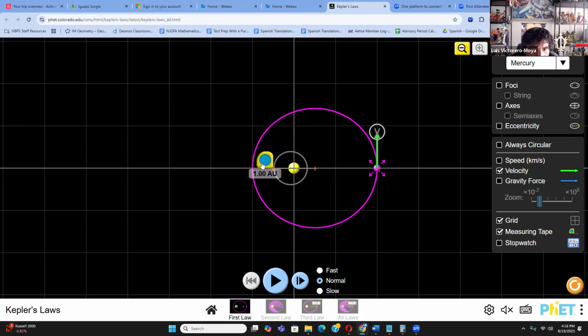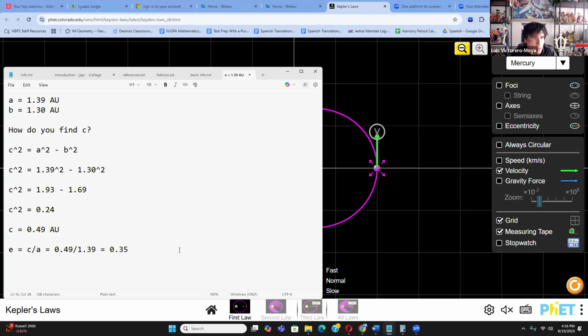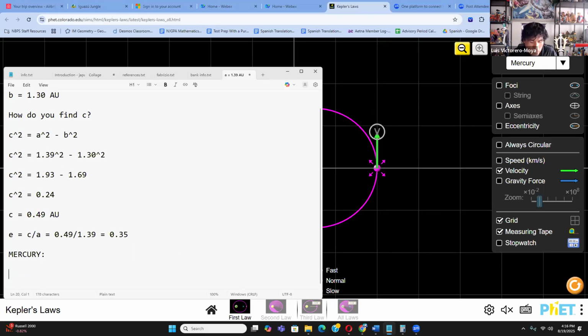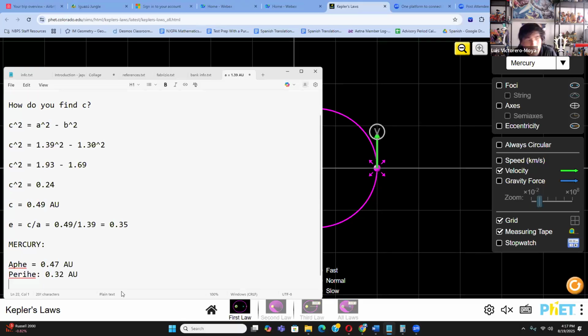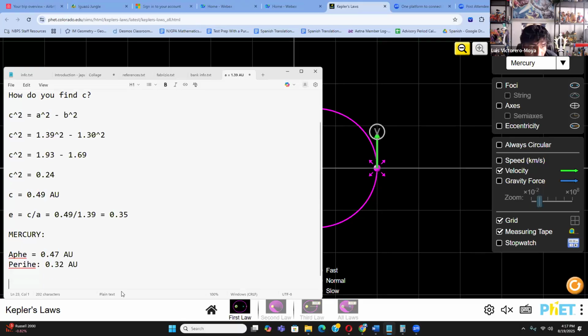The aphelion will be about 0.47 AUs. And the perihelion will be 0.32 AUs, not bad. So there's a difference there, 0.15 AUs.